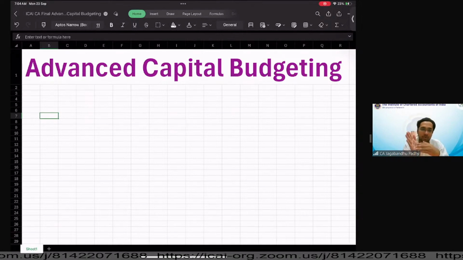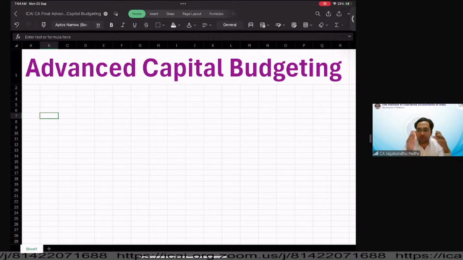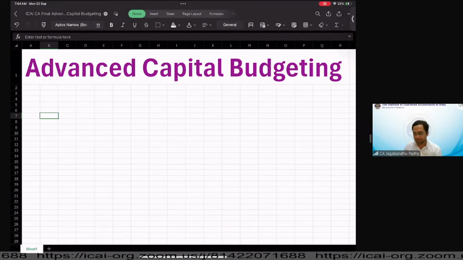Before I go directly into the chapter, I generally give you an overview of what we are going to learn in this chapter, and then we'll take up the points for discussion. First, we had a chapter called risk analysis and capital budgeting in the old syllabus of CA Inter.